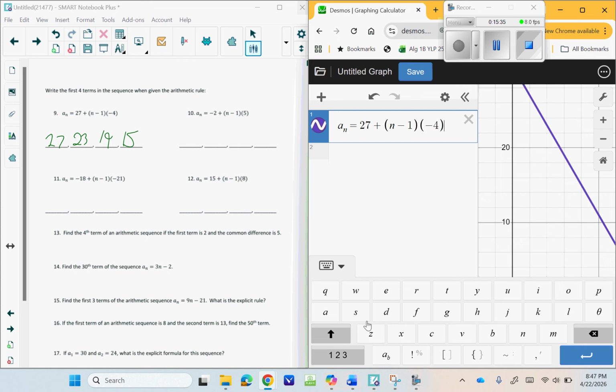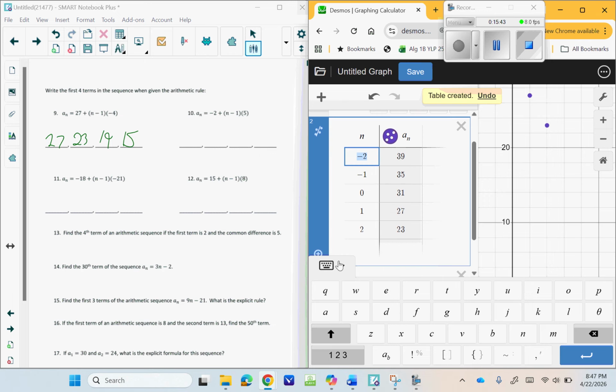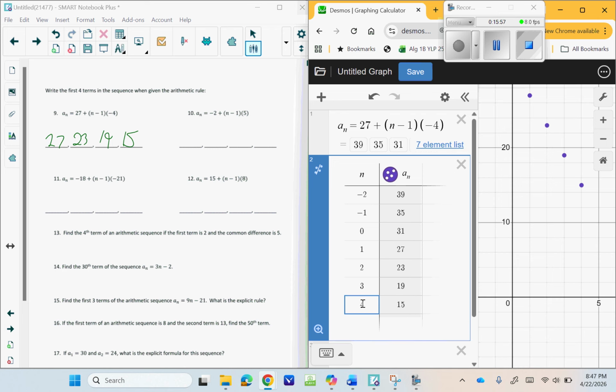So it looks like that. Okay, and then once you have that, it will let you create a table. And so you always want to start with sequence 1. So notice we already have the first term is 27, the second term is 23, the third term we said is 19, and then the fourth term is 15.